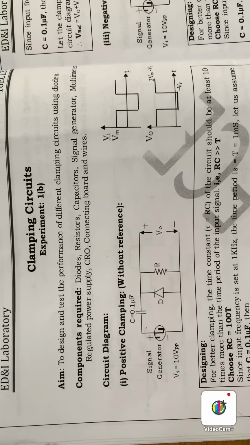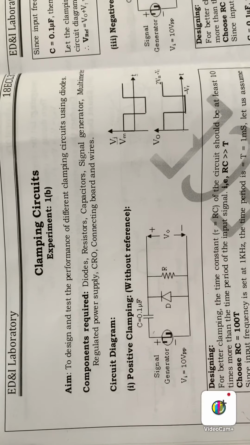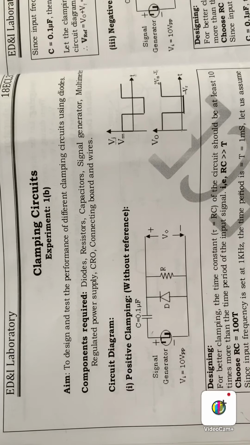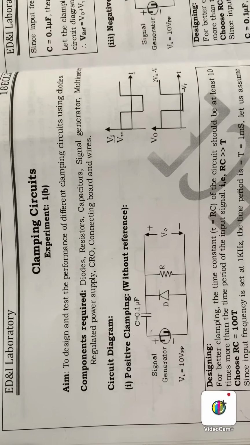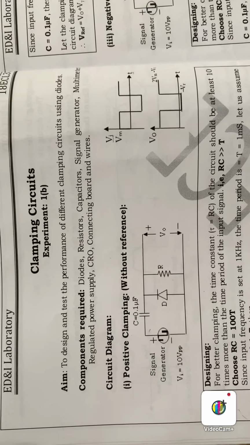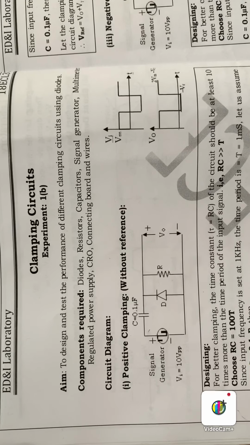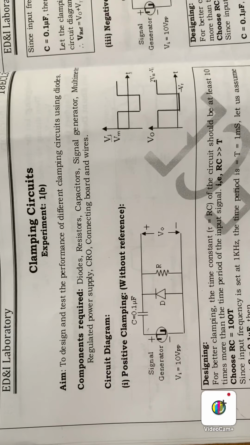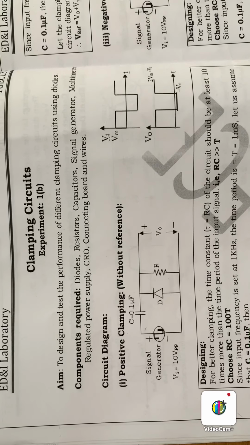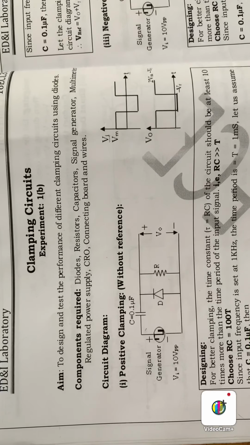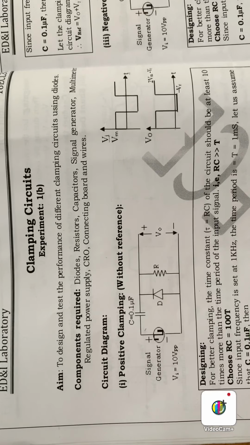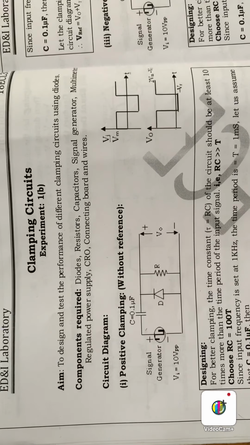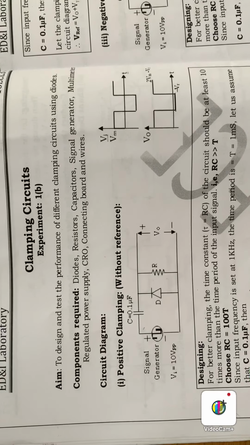So in a clamper circuit, a vertical shift upward or downward takes place in the output waveform with respect to the input signal. Here we are considering the load resistor. The load resistor and the capacitor affect the waveform. So the discharging time of the capacitor should be large enough, so as not to change the waveform.